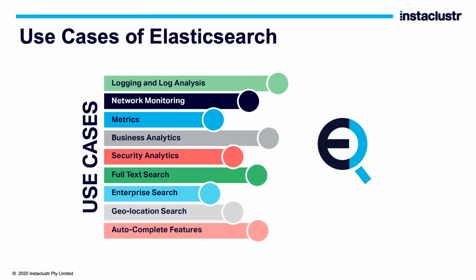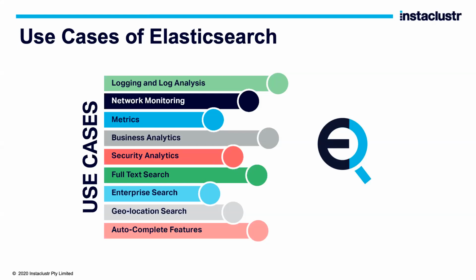Another use case is security analytics. This is being used a lot now. It has started to shine quite heavily because lots of companies are using Elasticsearch as a security analytics engine, like a SIEM.